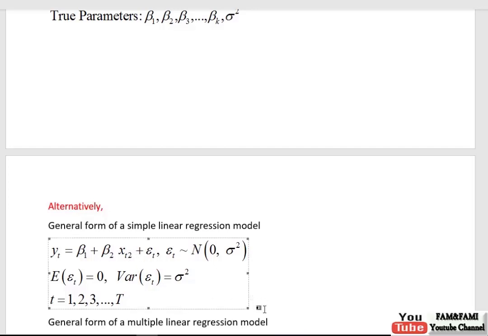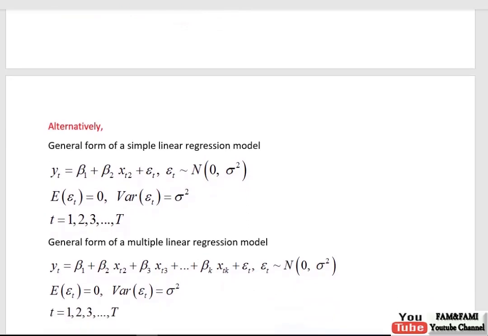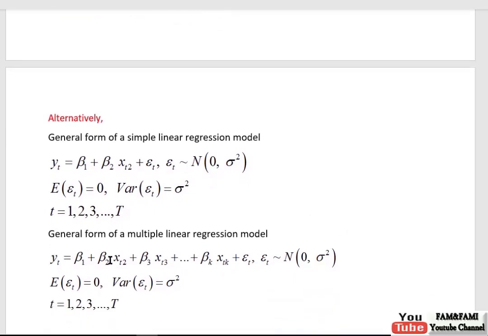Next we need to go to the general form of a multiple linear regression model. Again, the mathematical equation is exactly the same. The only thing that we did is we added subscript t to each of y, x2, x3 and xk, and also of course to epsilon, the error term.